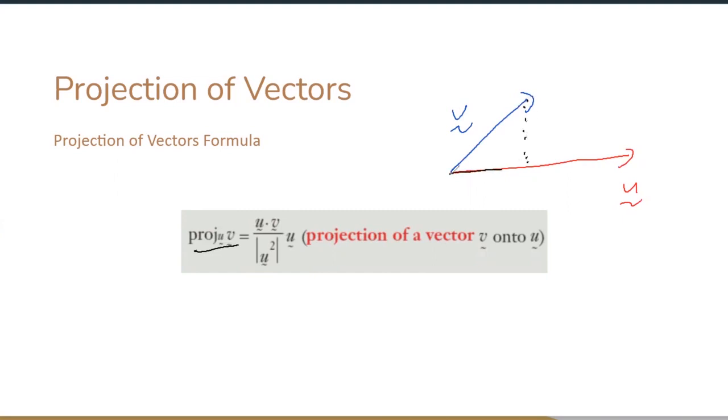If we look at it graphically, this is going to be our projection of v onto u, and that's going to be 90 degrees. So essentially what it's doing is it's going to tell you how much vector v is pointing in direction u, or the same direction as vector u. So essentially how much of vector v is projecting onto u, and that's where this comes from.